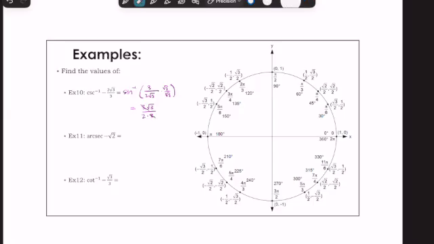So it's really just sine inverse of root 3 over 2. Well, sine inverse is root 3 over 2 when vertically we're taller and horizontally we're shorter, so pi over 3. So that's when cosecant would also equal that.